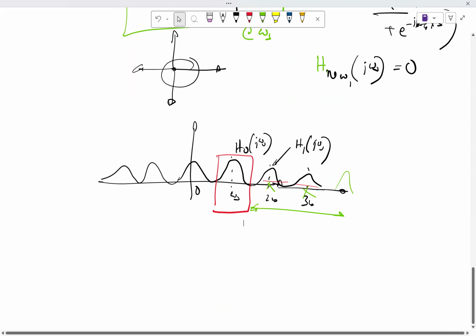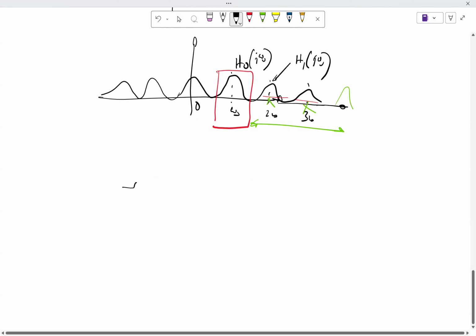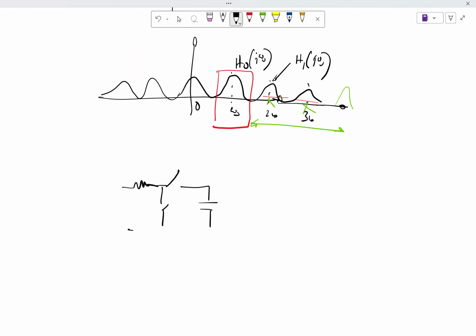Okay, so now let me put things together, so that probably will help. This was one setup, S of t, SB of t. Here you are applying an input, e power j omega naught t, correct?